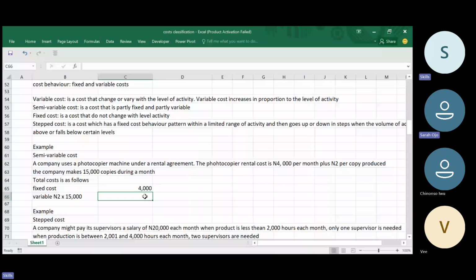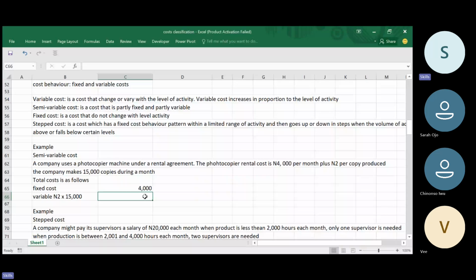Okay, so 2 times 15,000. This is an example of a semi-variable cost. Part of the component is fixed and part is variable. The fixed component is 4,000. Then a copy is 2 naira and 15,000 copies are produced, so that is the variable component.